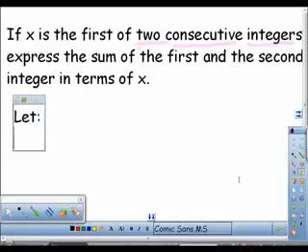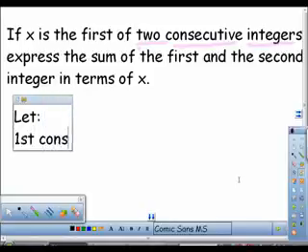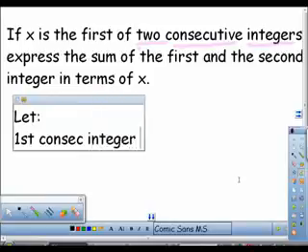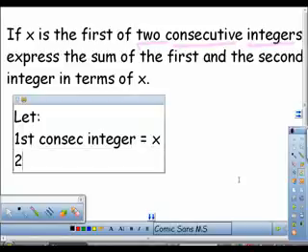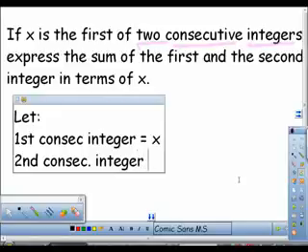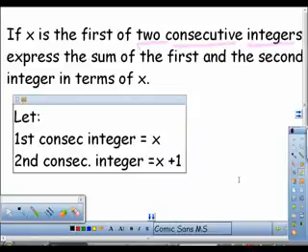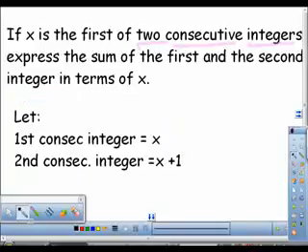We've got 2 consecutive integers, so we've got a first consecutive integer, which we'll call x, because it said x was the first one. And then we're going to have a second consecutive integer. If they're just plain old consecutive integers, what is the pattern? Plus 1. So the second one will be x plus 1 because they go up by 1. So we now know what we're calling our first and second consecutive integer.